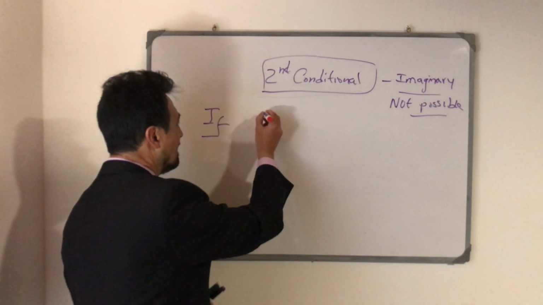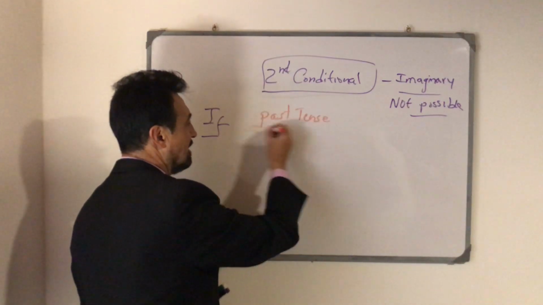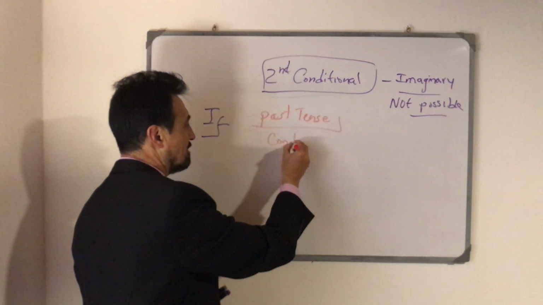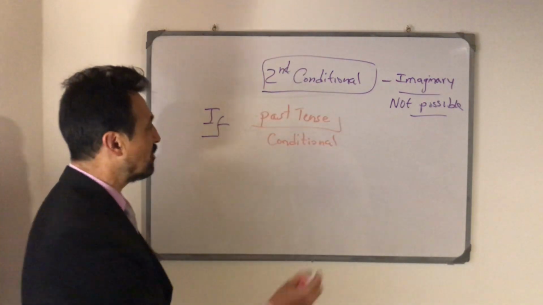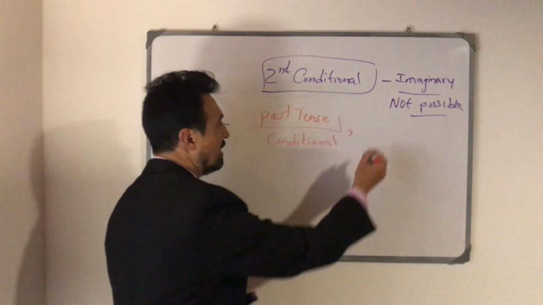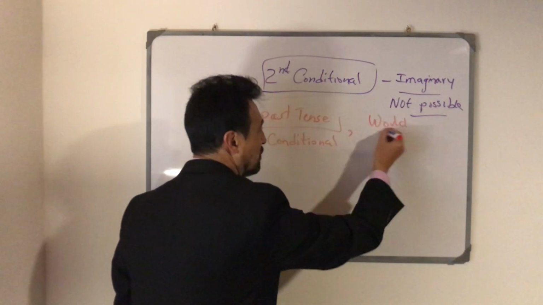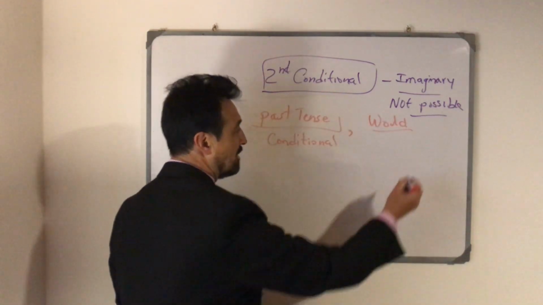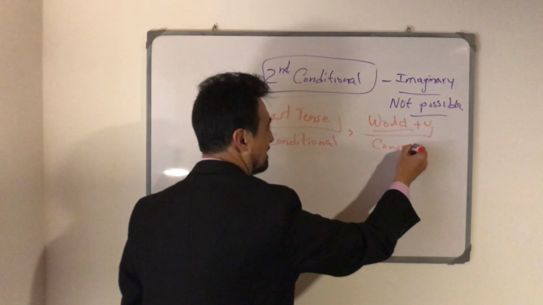The first part is in the past tense, and that is the conditional part. And the second part, joined by a comma, is the conditional with would and the principal verb. This is the consequences.